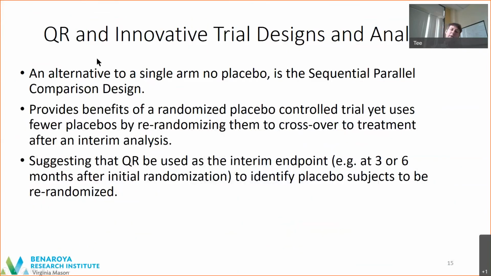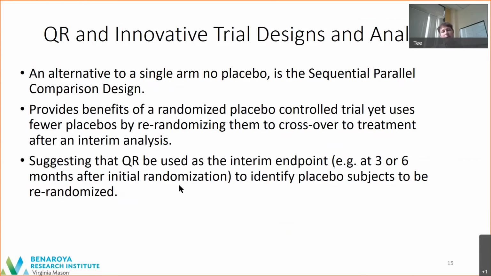So an alternative to doing single arm, no placebo is this trial called sequential parallel comparison design. And it provides the benefits of a randomized placebo-controlled trial, but uses fewer placebo subjects. And it does this by re-randomizing them into this crossover type of concept. So they start out on placebo, and then they get a chance to be crossed over into a treatment after an interim analysis.